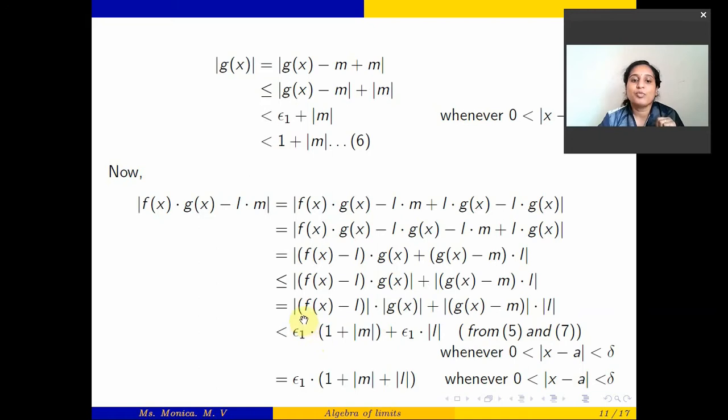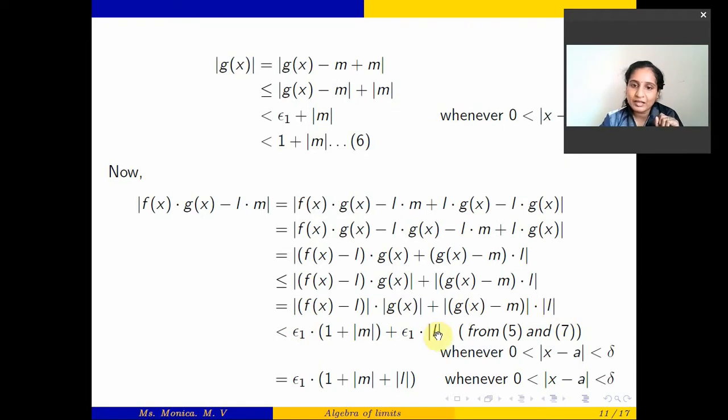So modulus of f of x minus L is less than epsilon 1. The second term is less than 1 plus mod M. The third term, there is a plus in between, therefore plus. The third term is less than epsilon 1, into the fourth term, which is mod L, an absolute value, some number.